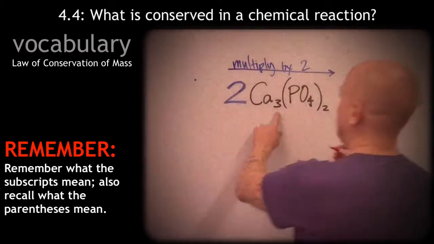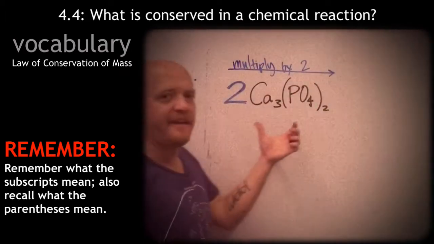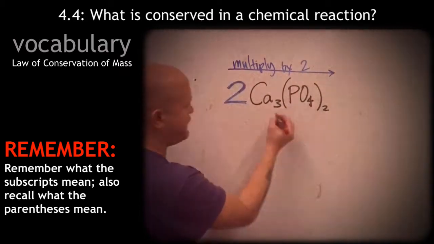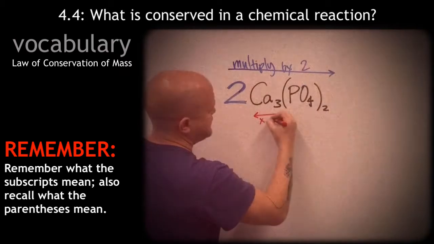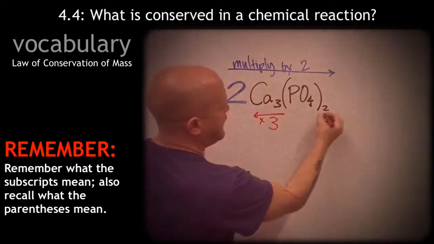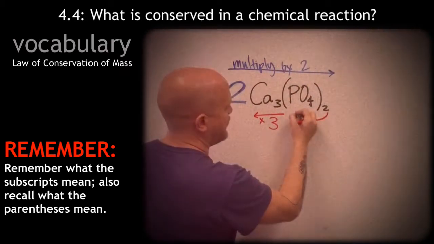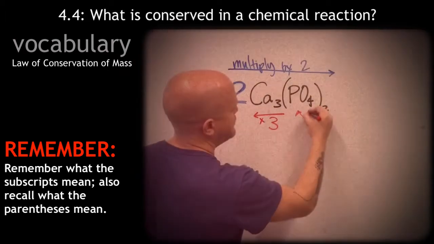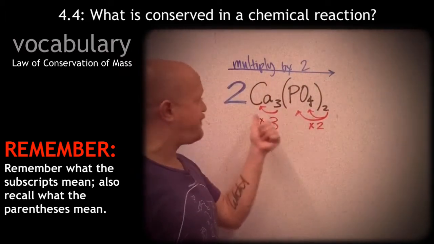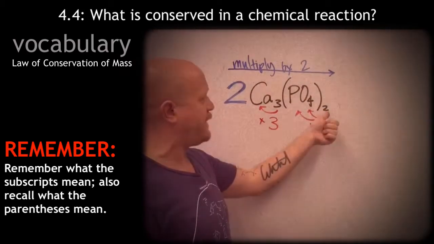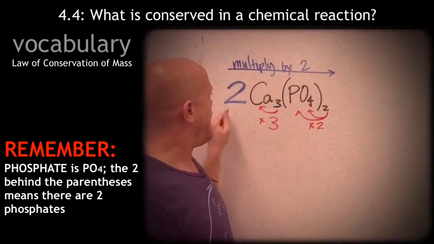Now when you see a number like this, everything immediately in front of it is multiplied by 3. So I'm just going to write times 3. Right here, it is multiplied by 2. In this example, we're going to have 3 calciums, and in this example, we're going to have 2 phosphates.